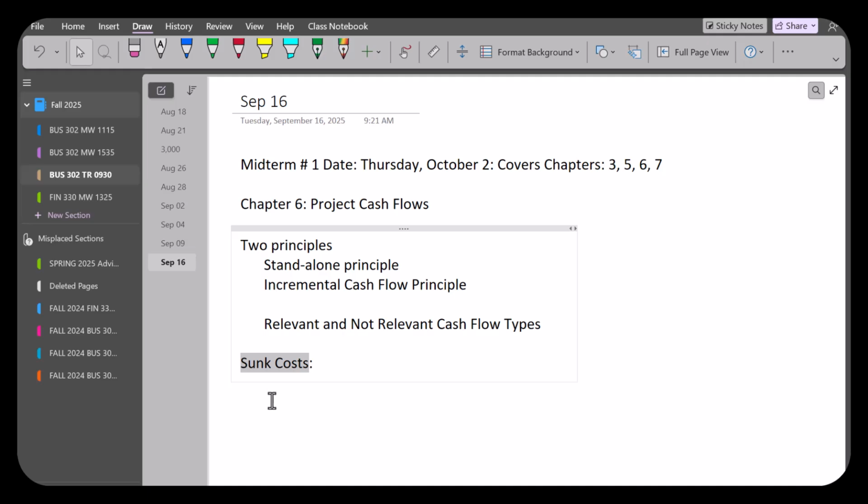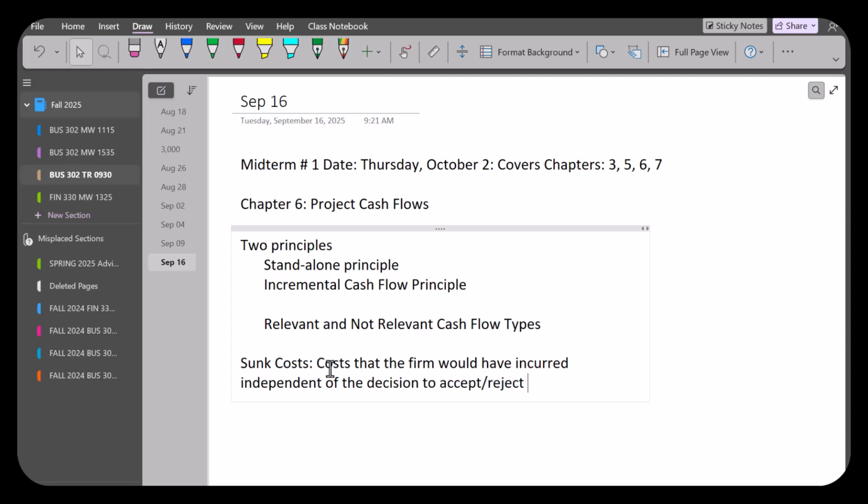So these are costs that the firm would have incurred independent of the decision to accept or reject the project.